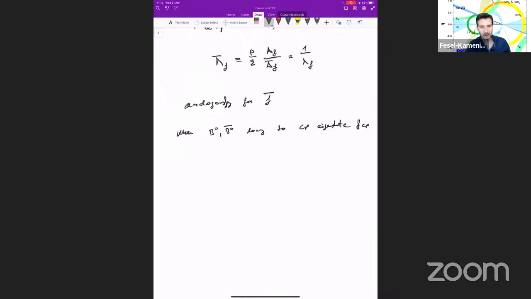So this means that f equals f bar, because it's a CP eigenstate.